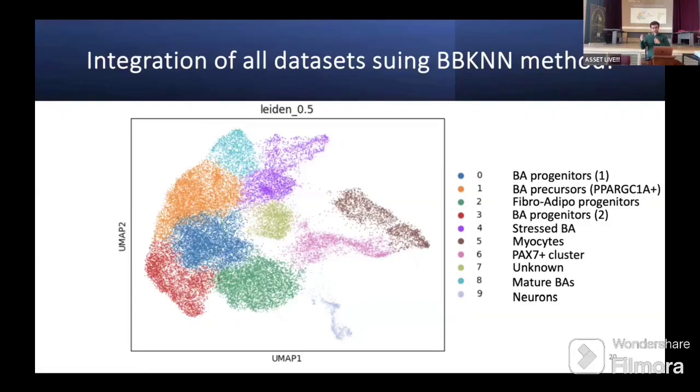It expresses PAX7 and can give rise to either brown adipocytes or muscle. If you follow the path on the right with cluster number 5 in brown, you will get muscle cells. And if you follow the path on the left, you will go through the different steps of brown fat differentiation.